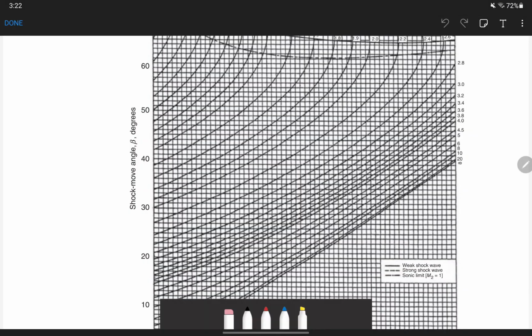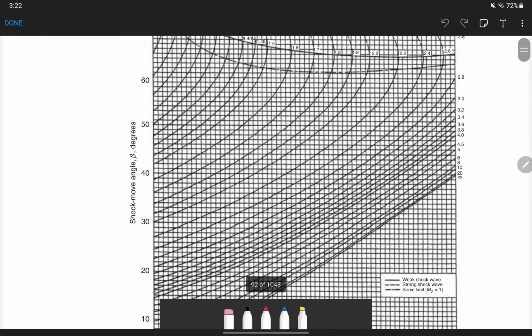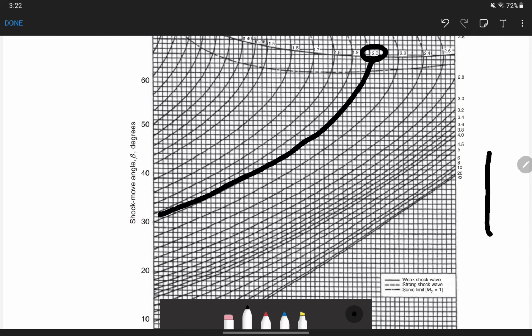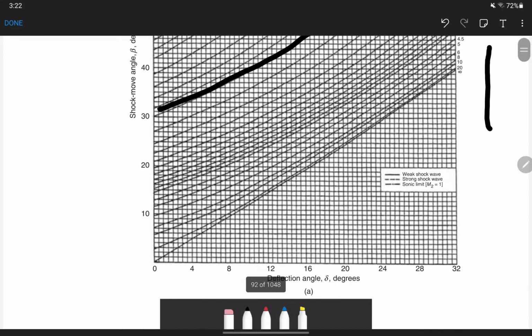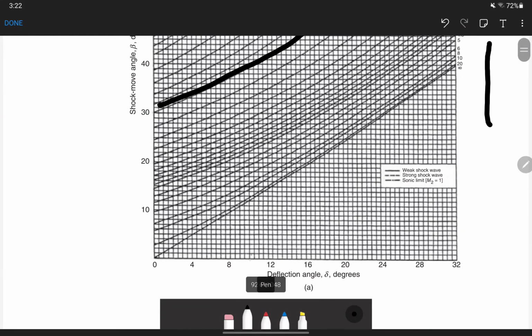So this is going to be Mach 2, this line. And then we have the 10 degrees here, right? This is going to be your beta. Okay?